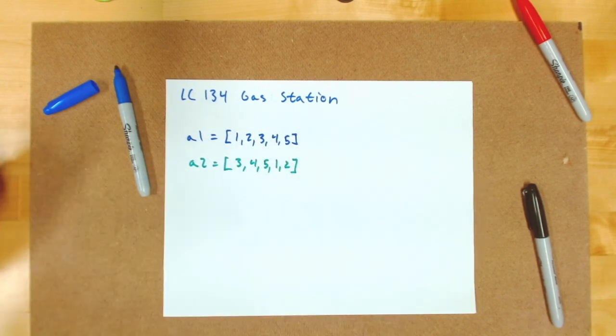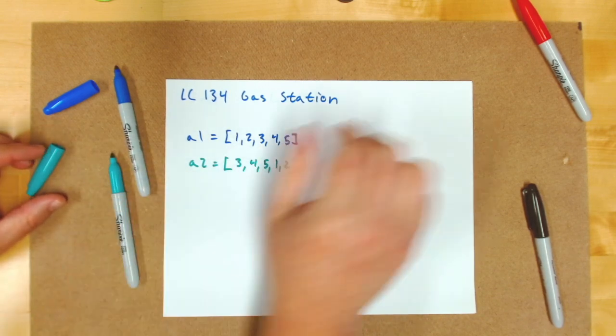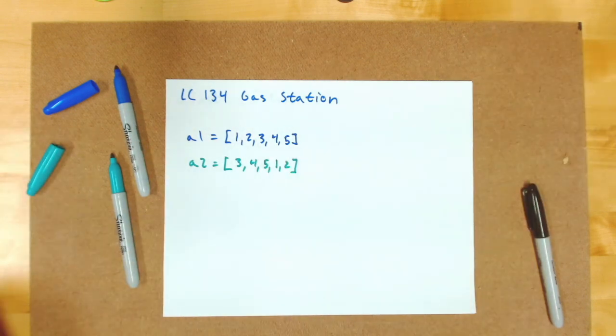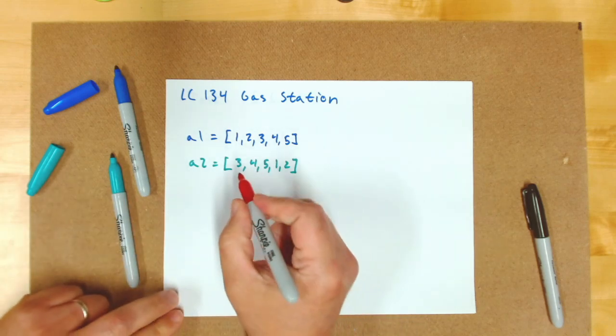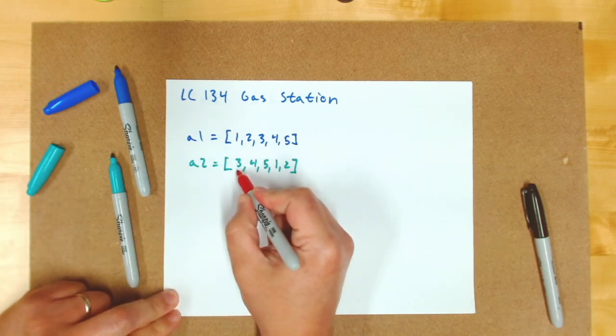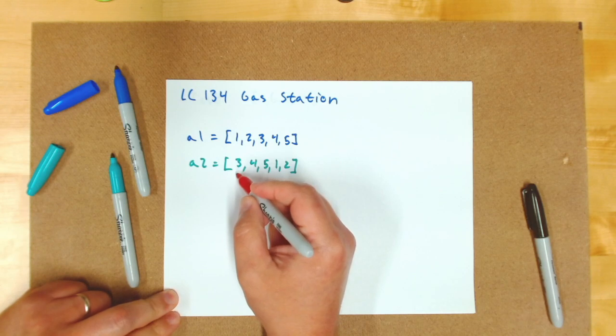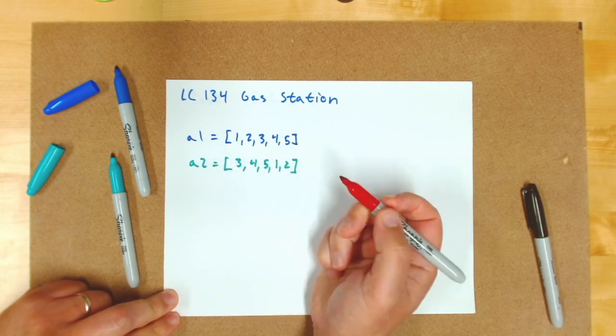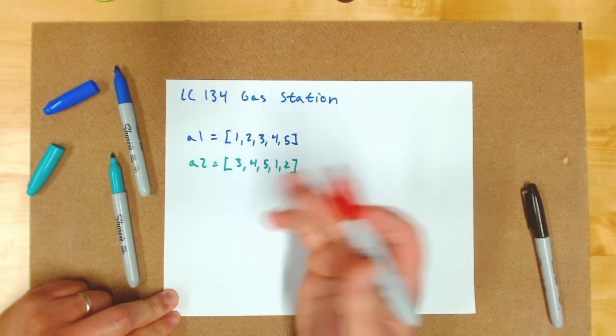Now, what are they actually asking us to do with these values? Well, let's try to get a better sense of that. It costs cost at i of gas to travel from one gas station to the next one. So at each index, we subtract A2 at i from our total.